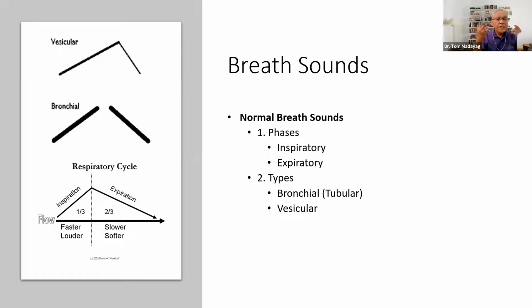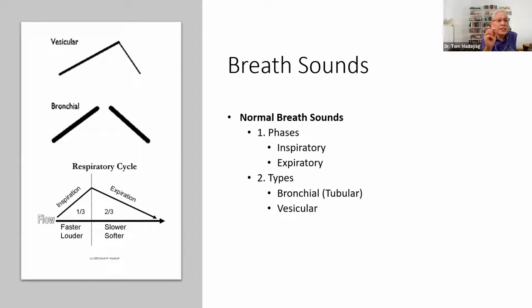When we listen to lung sounds, we could listen according to the phase: during inspiration, which we call the inspiratory phase, or expiration, which we call the expiratory phase. However, there are two types of normal breath sounds that we would like to appreciate.